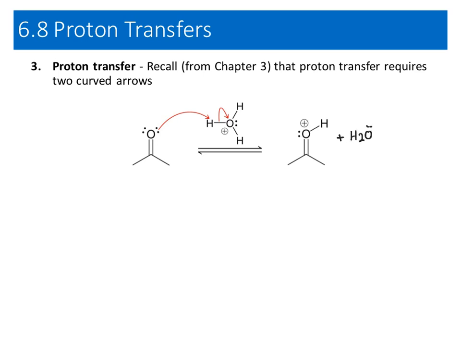As we talked before, to show the proton transfer, we are using 2 curved arrows. However, there are some situations where we need to use multiple arrows. So look at this example. Hydroxide is our base.